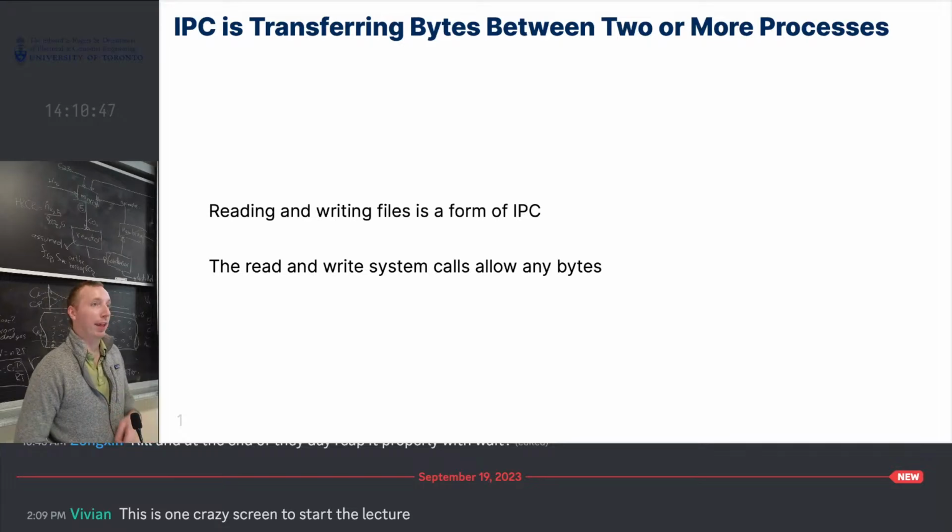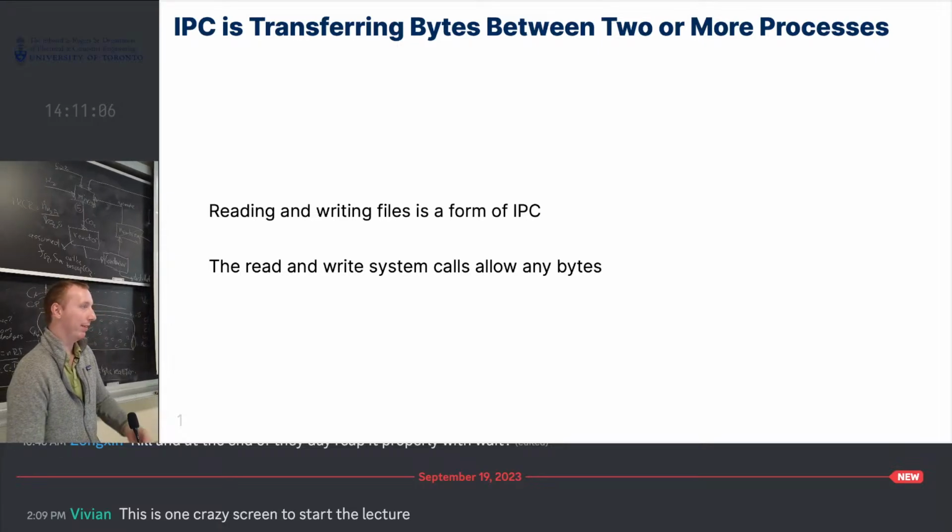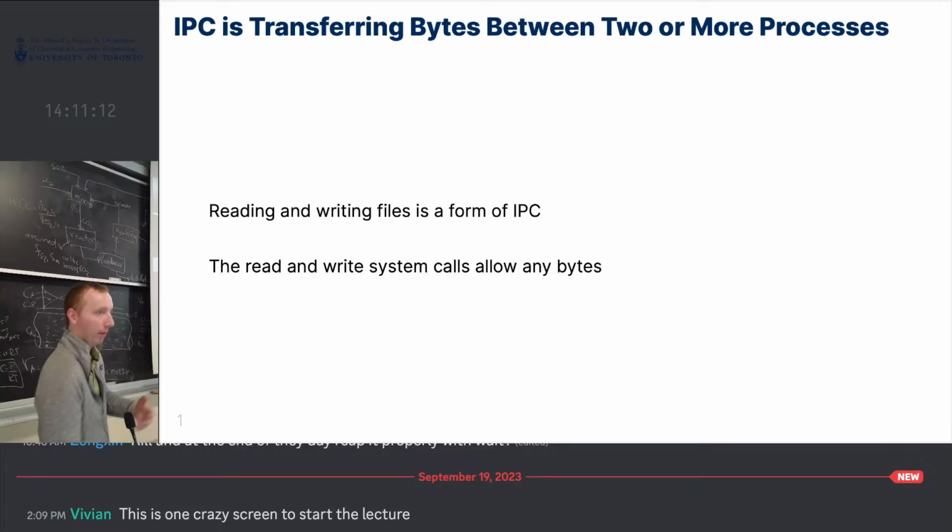So just remember that IPC at the end of the day is just transferring bytes between two or more processes. So even reading and writing files is a form of IPC. The two processes do not need to be running at any given time. You hopefully have written programs that opened a file, maybe modified it, and then later ran again, opened the file, and read it.